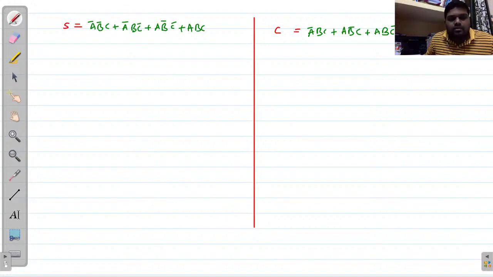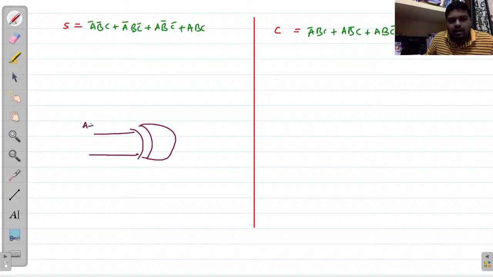For example, I am taking an XOR gate. Here I am providing A XOR B as one input and C as one more input for this XOR operation.